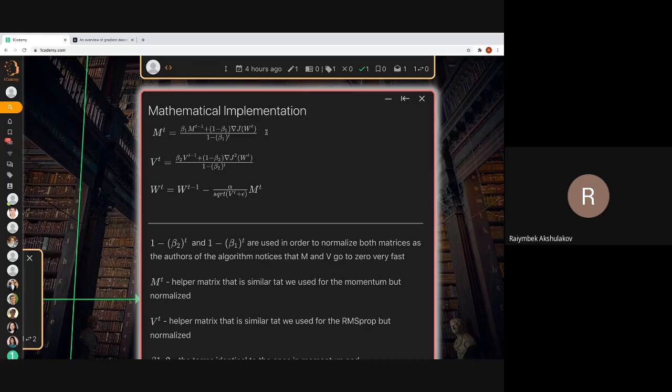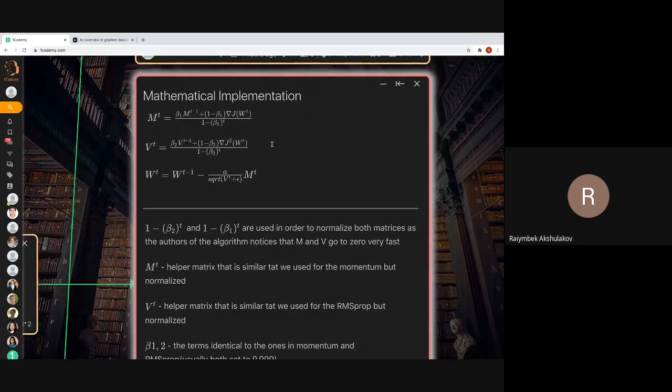The authors of Adam noticed a bias at the beginning when it was without, and they had to add this 1 minus beta to the power of t to get rid of those biases, as was explained previously. As you can see here, this is supposed to be part of RMS, and this is part of momentum.